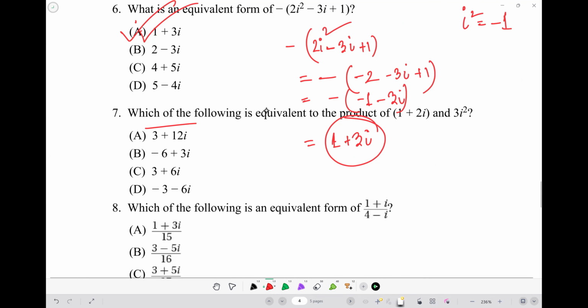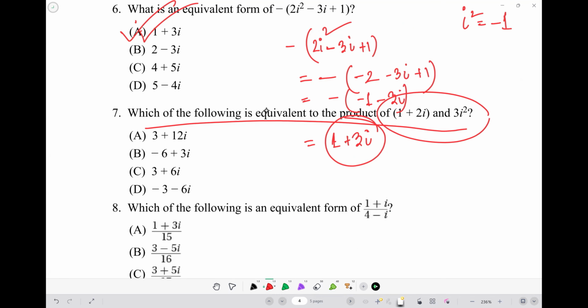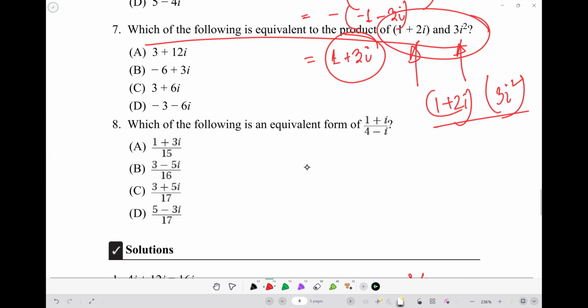Which of the following is equivalent to the product of these and these? Multiply them: 1 plus 2i, 3i squared. As simple as that. Which of the following is an equivalent form of 1 plus i divided by 4 minus i?